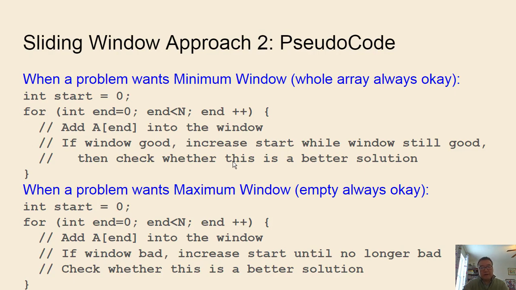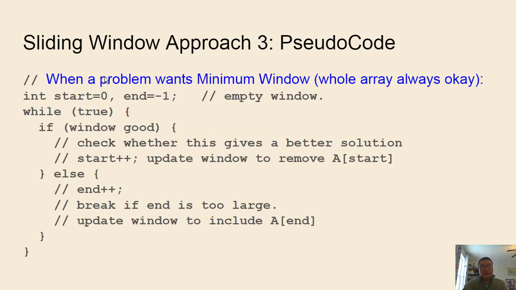After we add a new element, it may make the window bad. In that case, we just increase the start until it's no longer bad. We don't need to increment the left further, because that will not give us a bigger window, and we want a maximum window, so we don't need to consider those.